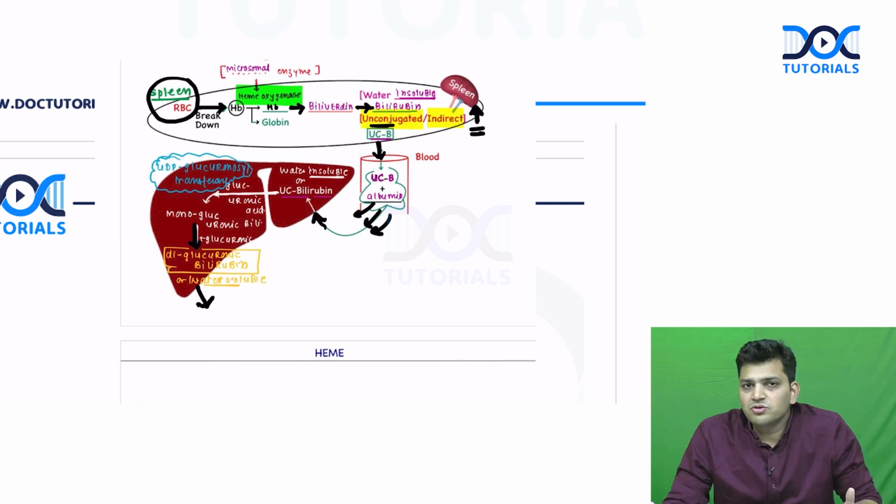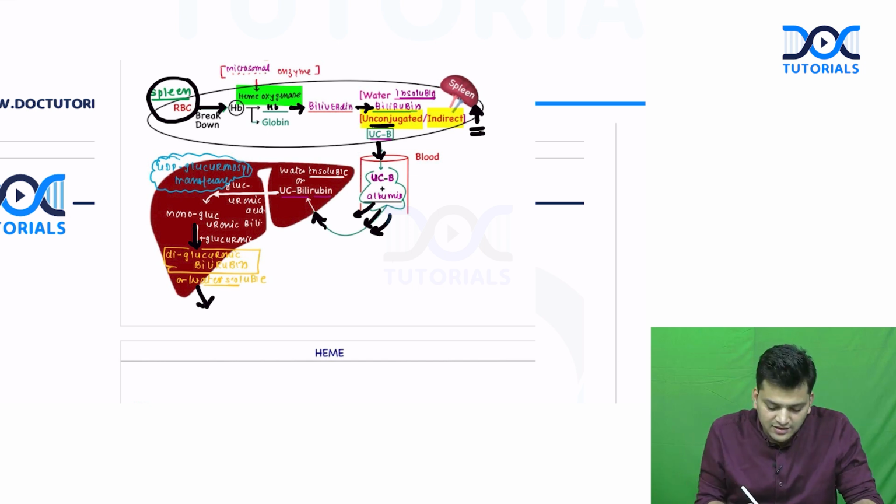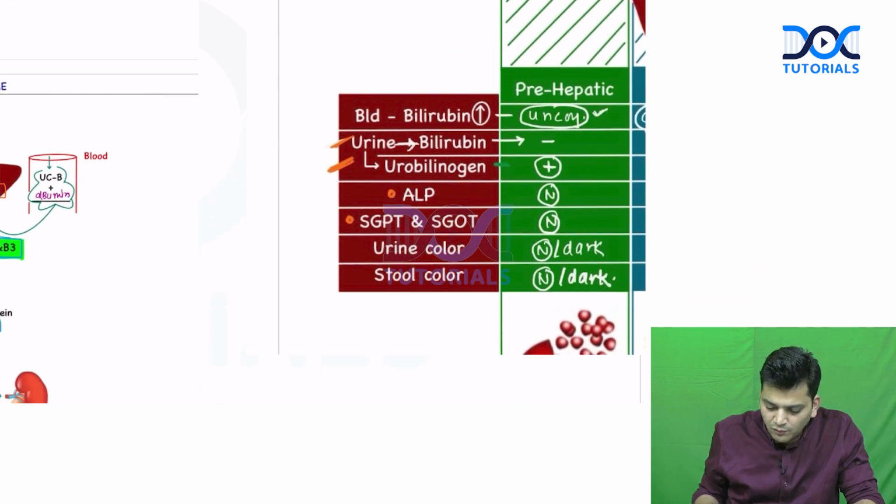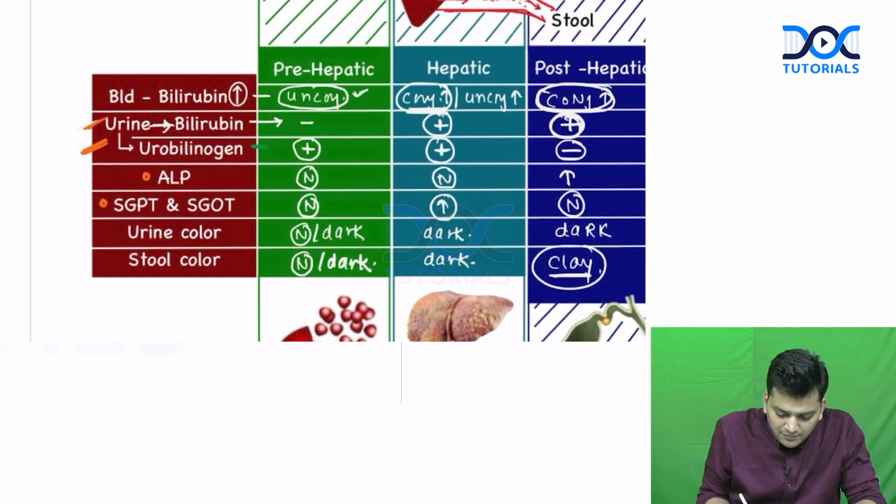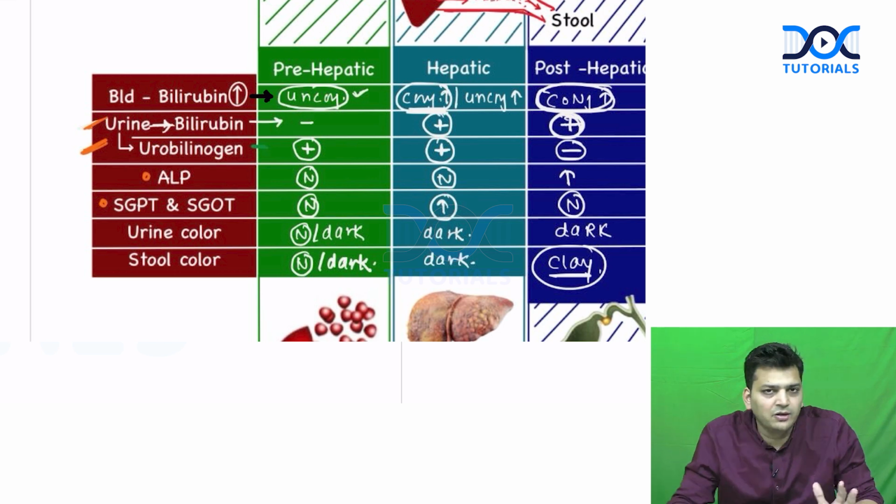Now, when it comes to jaundice, we have divided jaundice into 3 categories: prehepatic, hepatic, and post-hepatic causes. And this is a problem in the spleen, so it's a prehepatic cause, and here you can see the table. What happens in the prehepatic? In the prehepatic, the unconjugated bilirubin, meaning the indirect bilirubin, is going to increase. In the urine, the bilirubin will not come, because bilirubin only comes if it is direct bilirubin that is increasing.